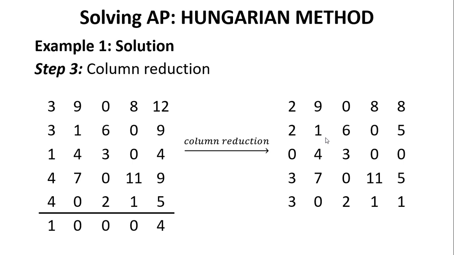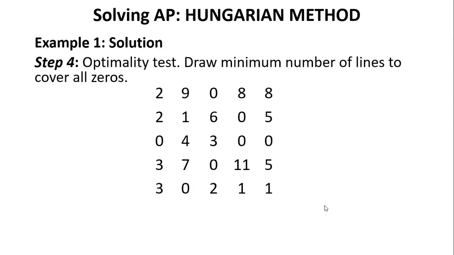Now let's pick this column reduction matrix and test for optimality, that is, whether this matrix will give the optimal allocation of machines to jobs. Here we are looking at whether it will give us a minimum assignment cost.